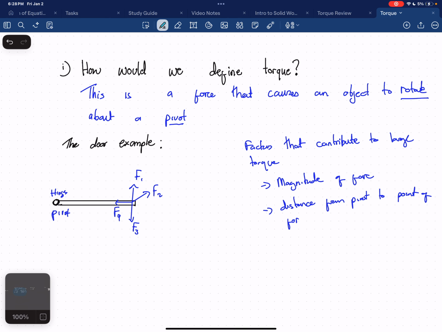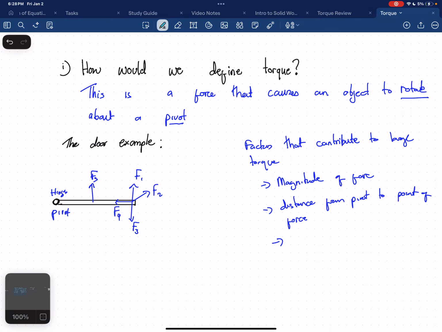All right, so like it's my pivot, and I have a force acting over here. The force with a larger R is going to be larger. And the last one is the angle at which force is applied.